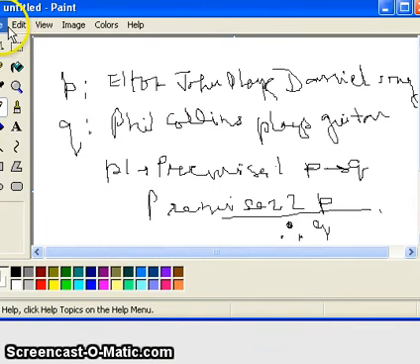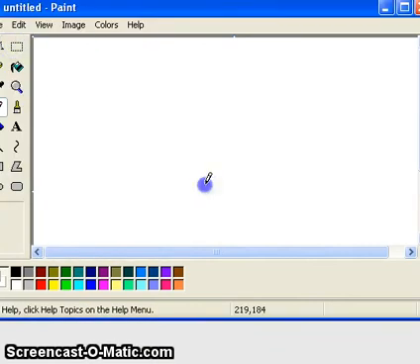Another good example I have is another symbolic argument, and we have 2 premises. As a matter of fact, this is a good example.